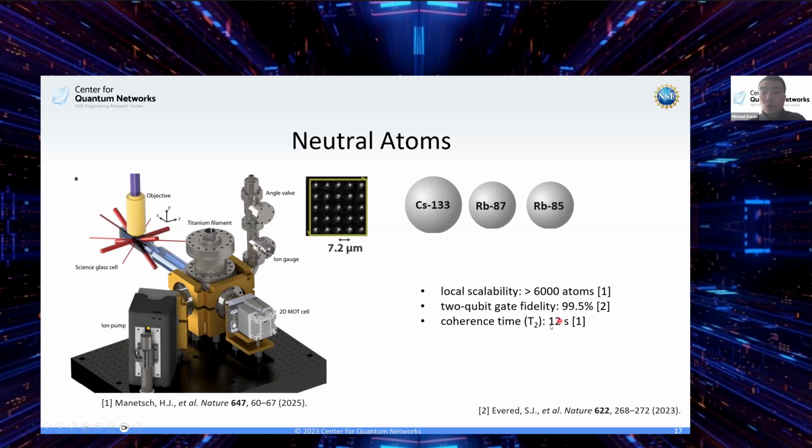And a record coherence time in neutral atoms is 12 seconds. One of the challenges in neutral atoms is the state preparation time due to the destructive readout, where the trap needs to reload between state detection cycles. There's ongoing research to speed this up with non-destructive readout methods.